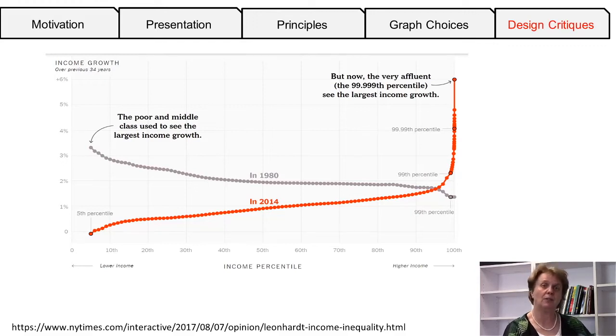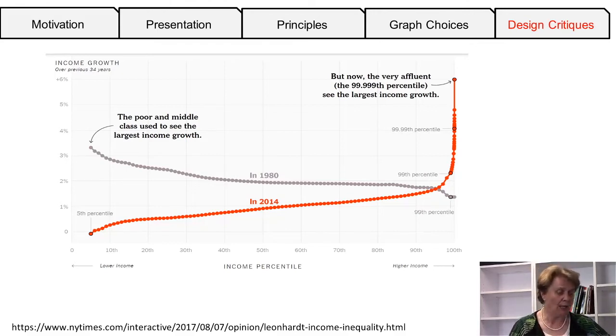So let's take a look and see what is being conveyed here. So if you look at income growth, at the bottom it's got the income percentile, and they even have little signs that say lower income this way, higher income that way. That's a nice little flag for people to understand.